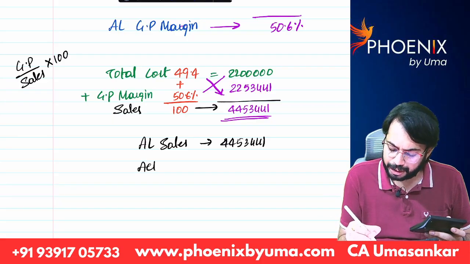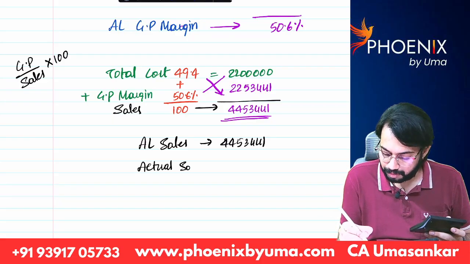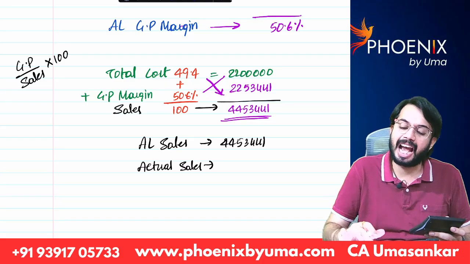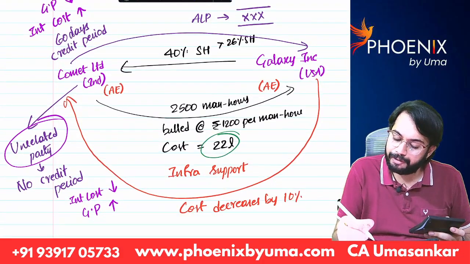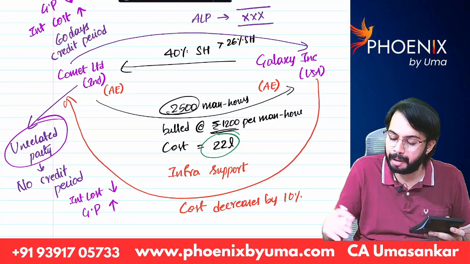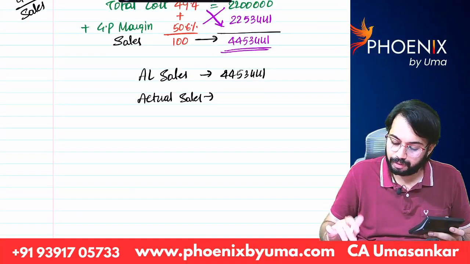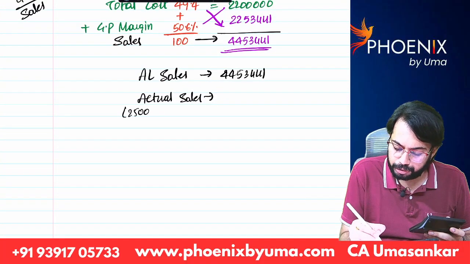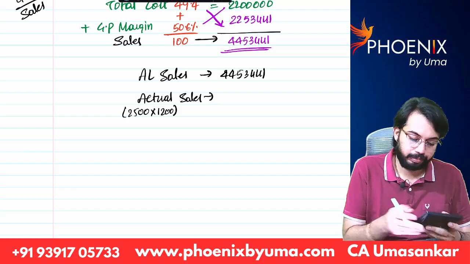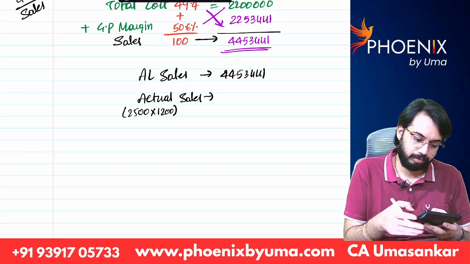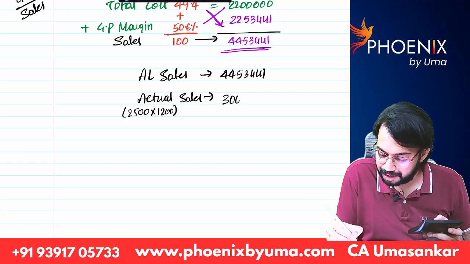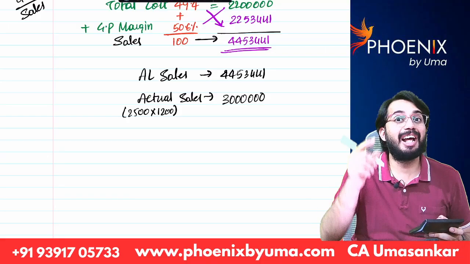How much are actual sales? You can calculate 2,500 man hours into 1,200 per man hour. 2,500 into 1,200. How much? 30 lakhs. See, here underbilling was done.